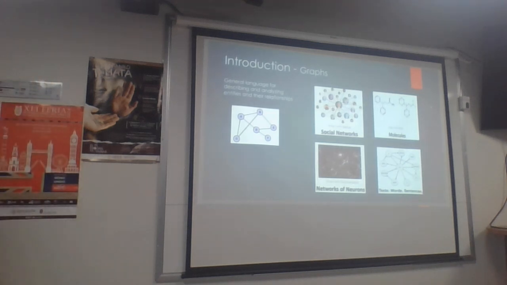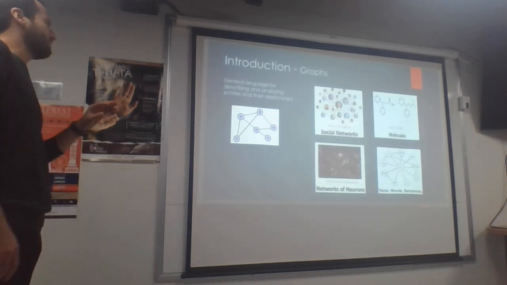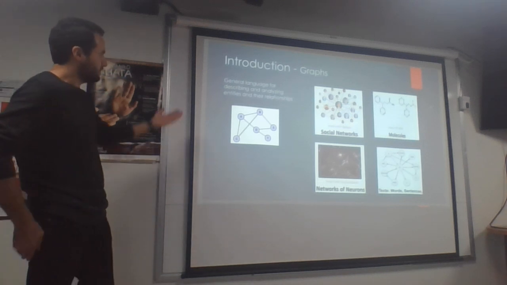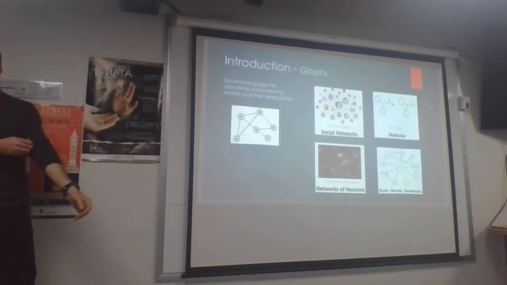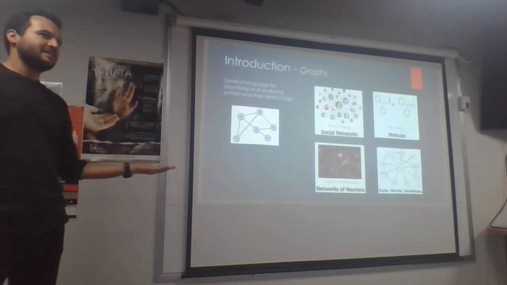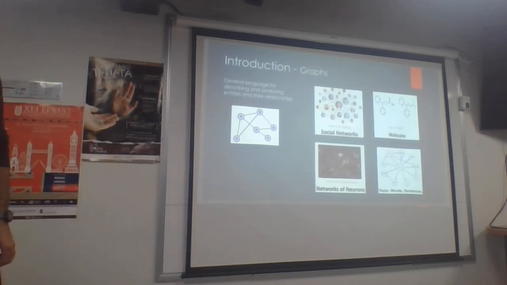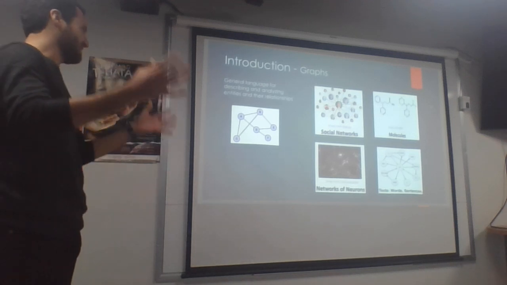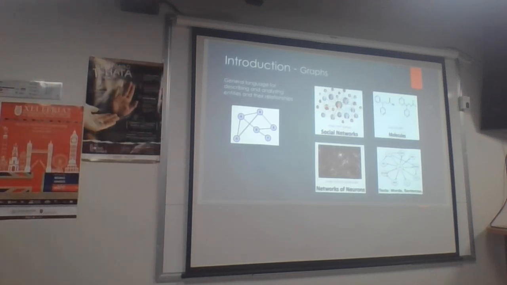So, as a brief and general introduction related to graphs, as we know, a graph is a general language for describing and analyzing entities and their relationships. For example, we can have a set of nodes, let's say A, B, C, and some kind of relationship between these nodes as edges.